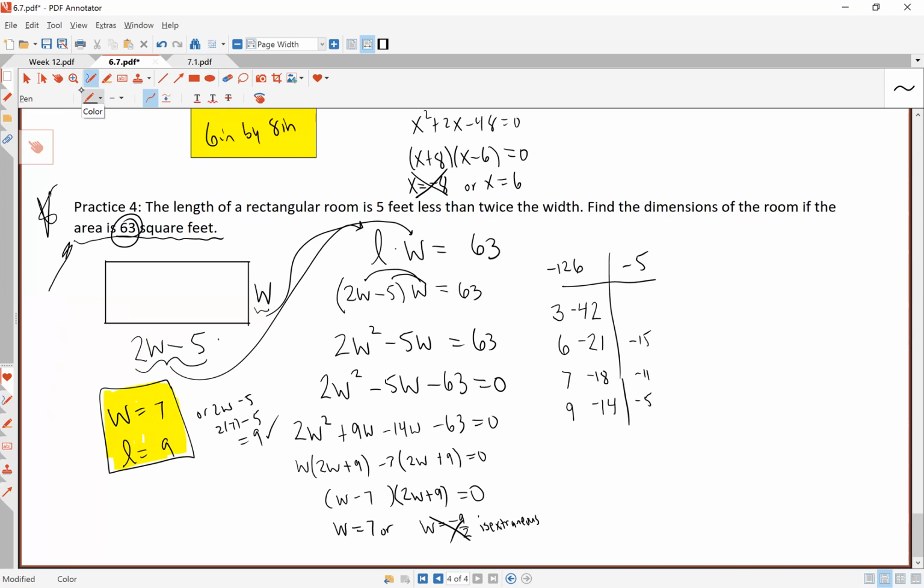Okay, so again, remember, I love to ask problems like this on the exam about the area of a rectangle. Okay, so that concludes 6.7 and the material that you'll be expected to know for your next test.